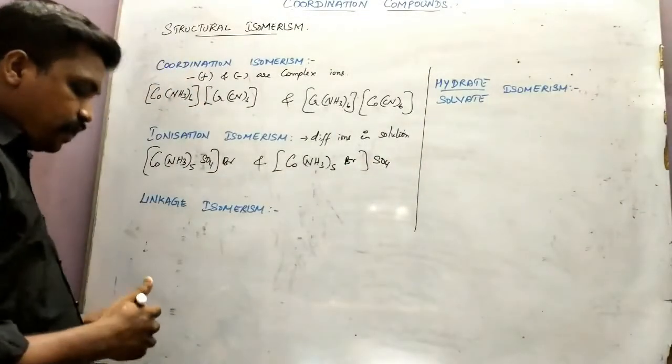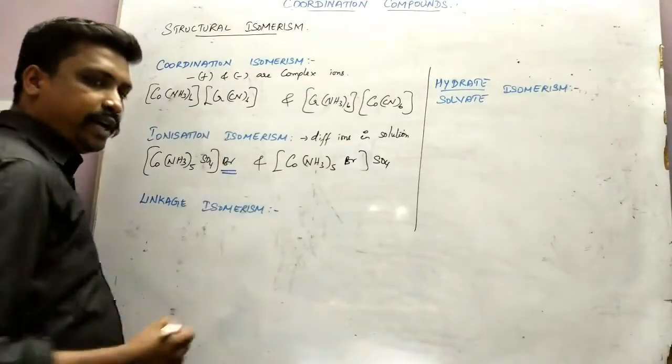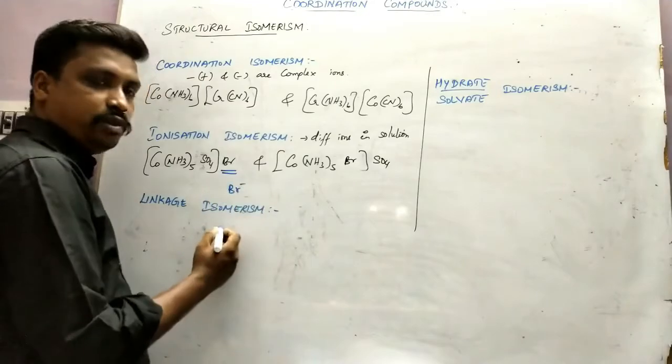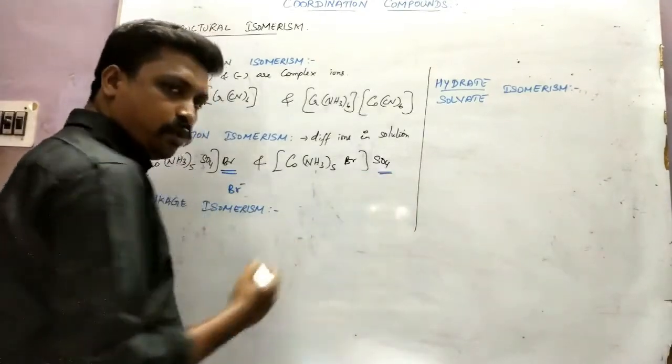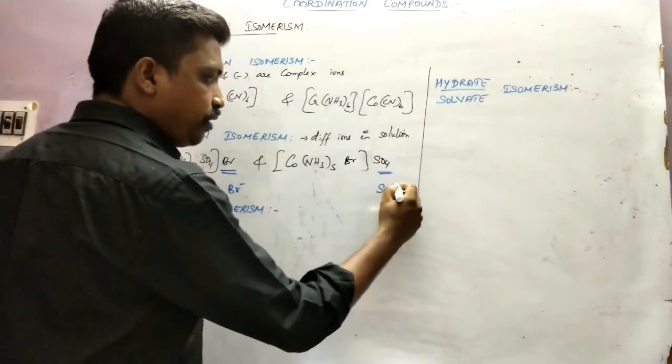When this compound is dissolved in water, it will give bromide ions in solution. But here, will you get bromide ions? No. This is a complex ion, and you will get sulfate ion in solution.